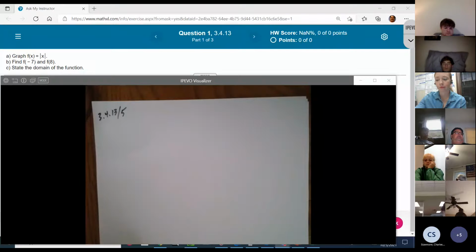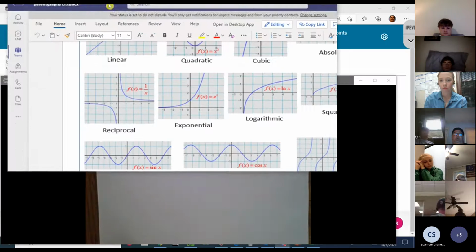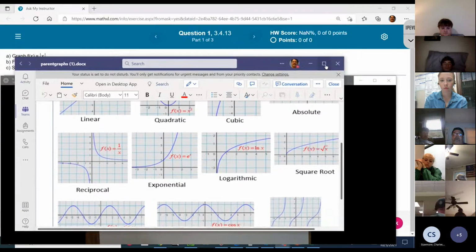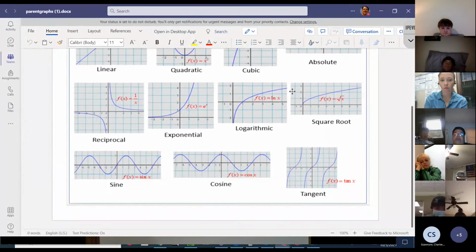Parent graphs. Yeah. So here's the parent graph sheet that I sent y'all that probably 2 of y'all printed out. And if it ever comes up, there you go. And for the 2 or 3 people that printed it out, there it is.